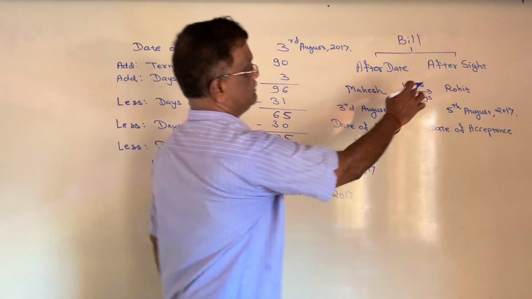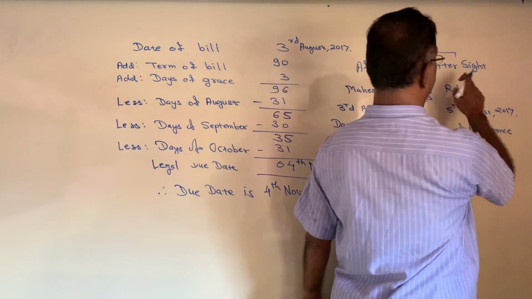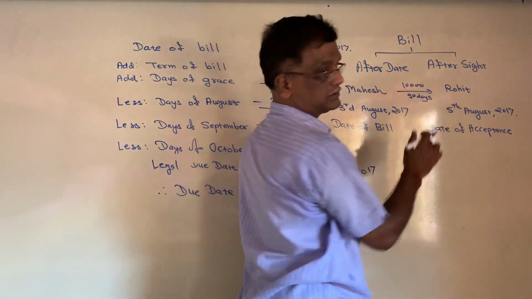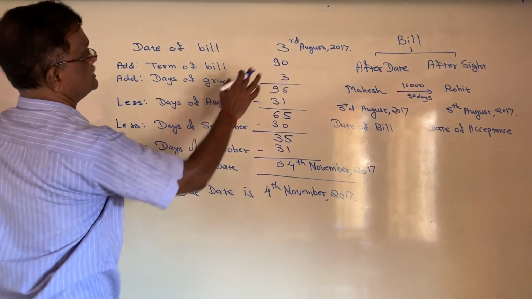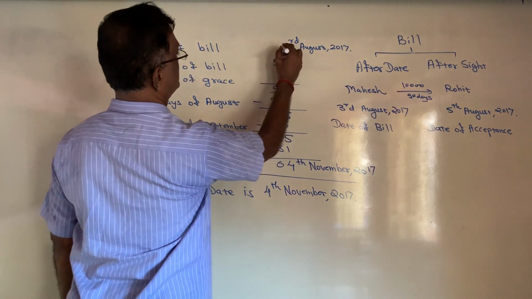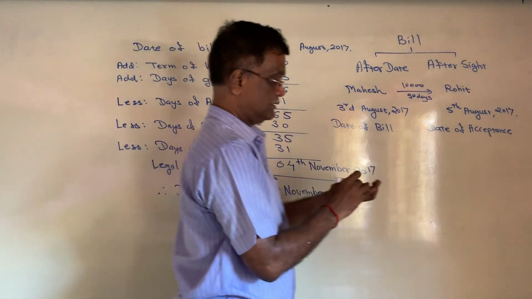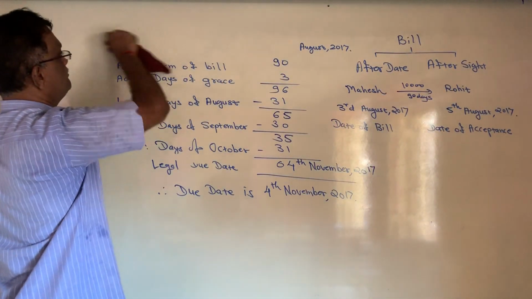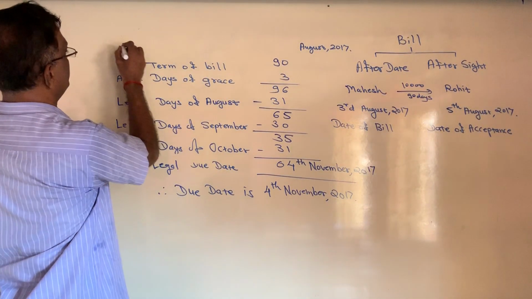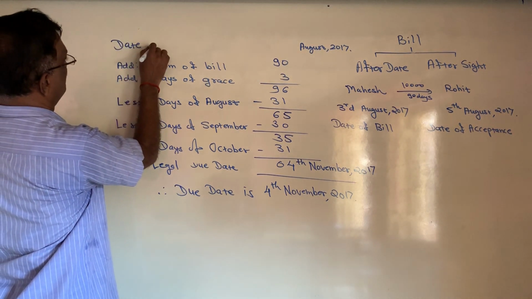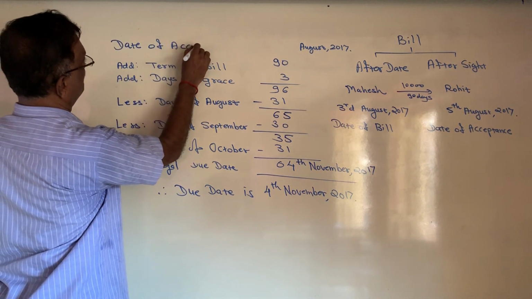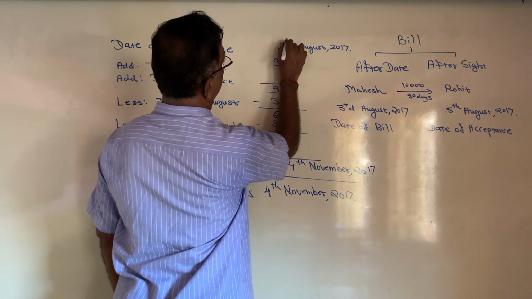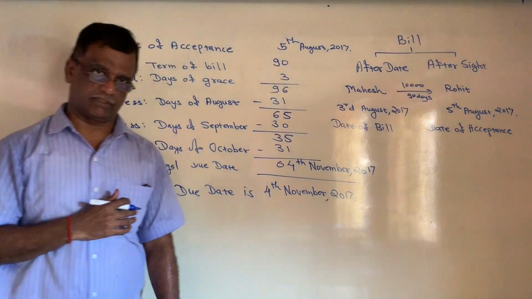if this bill had been an after sight bill, then we will start from this date, counting starts from 5th of August. So the answer will change a little. Instead of 3rd August you should write here date of acceptance, 5th August. If the bill is an after sight bill, you start from the date of acceptance. 5th August 2017.